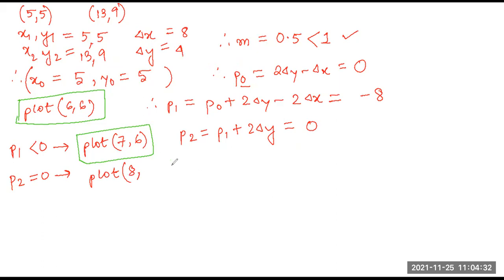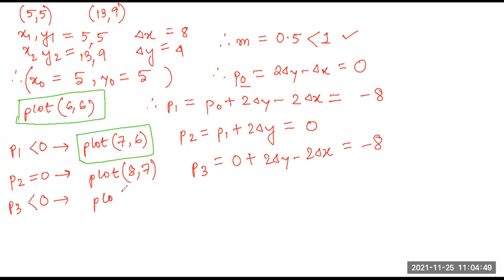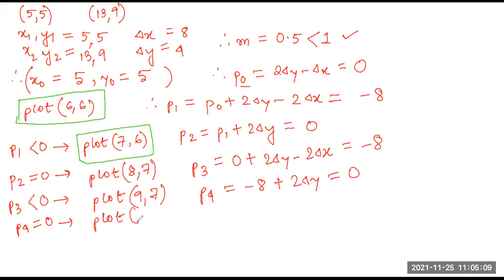Perfect. The updated value is -8. The next plot is 9, 7. Good. The value is 0. Next plot, 10, 8. Good. Then -8.